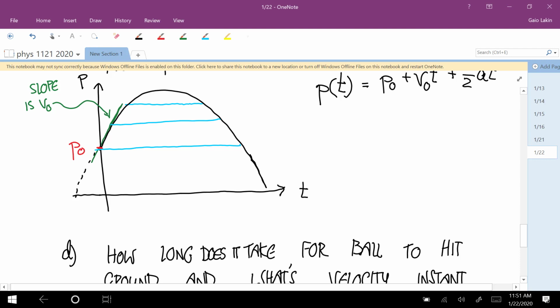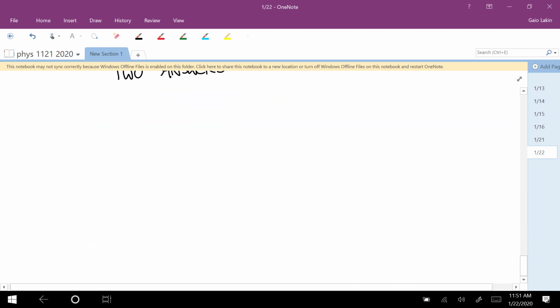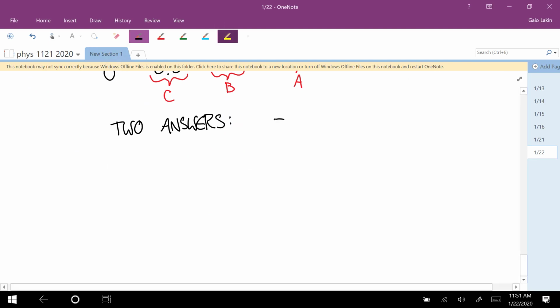One is what really happens over here, and that's going to be the one with a negative velocity, because the slope is negative. The other answer you'll get from the quadratic formula is going to be the positive velocity that corresponds to a time that's negative. That didn't actually happen. That's just part of this theoretical parabola. And so the answers we'll get are negative something and positive.